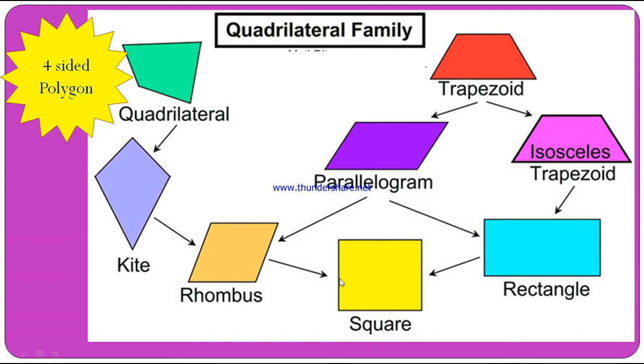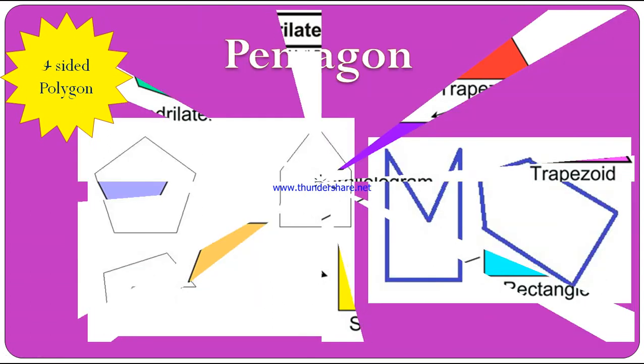Look at all these shapes: four sides, one, two, three, four, and four angles. Each has a different name because of the angles only, but all are quadrilaterals because each has four sides and four angles.